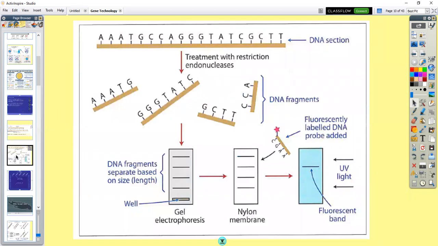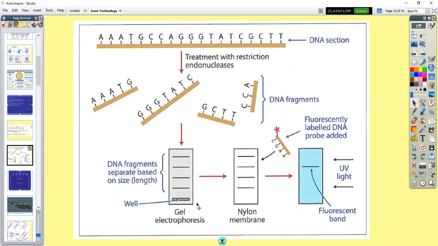In terms of using gene probes, it can be used in gel electrophoresis and fluorescent labeling that you can see here. So here's a section of DNA. You use restriction enzymes to cut that up. You add your DNA fragments to a gel electrophoresis kit, which essentially passes some voltage, or electricity, across it.